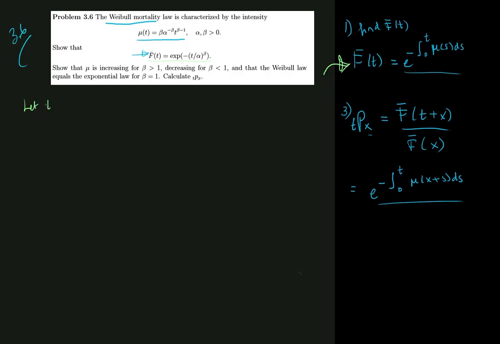So let t be greater than 0. Then we are all set to use our formula here. Then the survival function is equal to the exponential of minus the integral from 0 to t of the mortality rate.